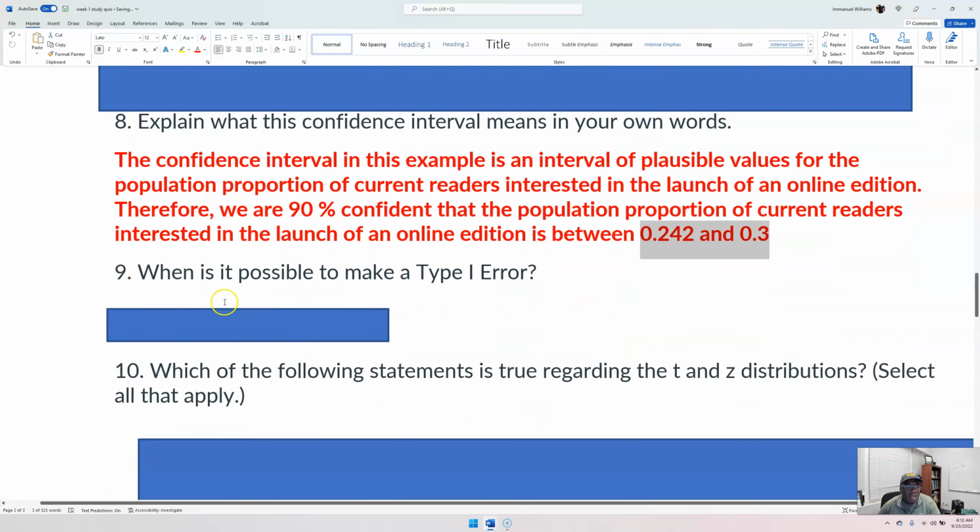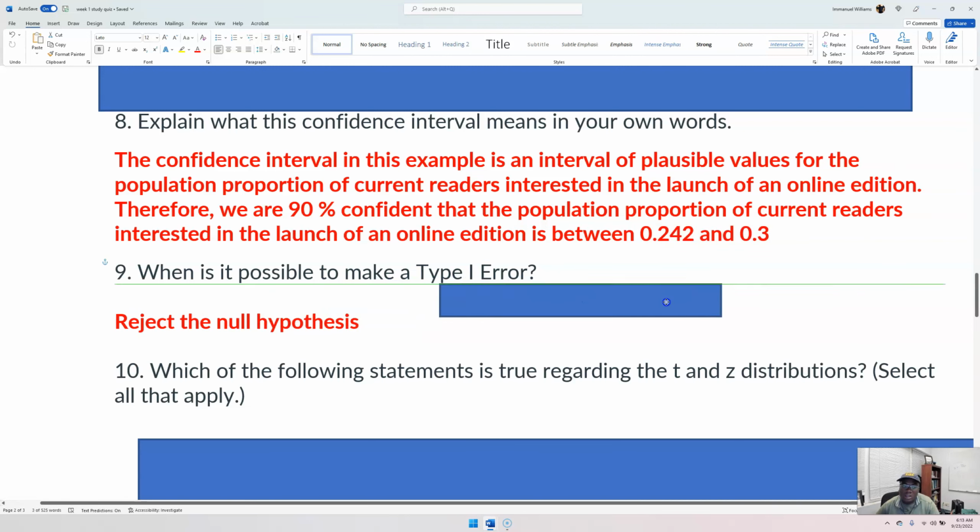All right. With that being said, when is it possible to make a type 1 error? This type 1 error only occurs within hypothesis testing. If it's hypothesis testing, you're going to either reject the null hypothesis or fail to reject the null hypothesis. And a type 1 error is the probability of you rejecting the null hypothesis given the null hypothesis is true.